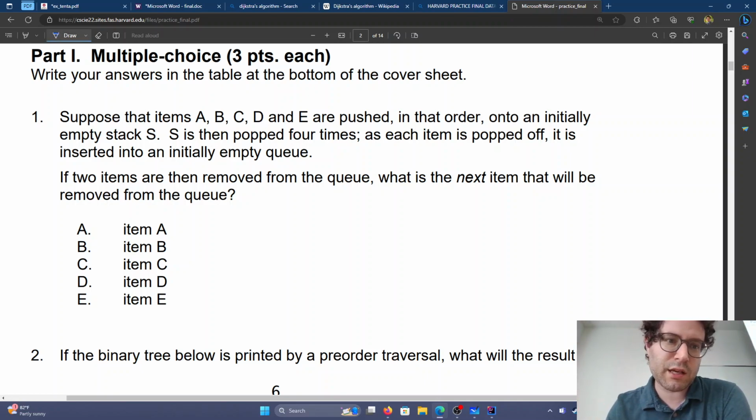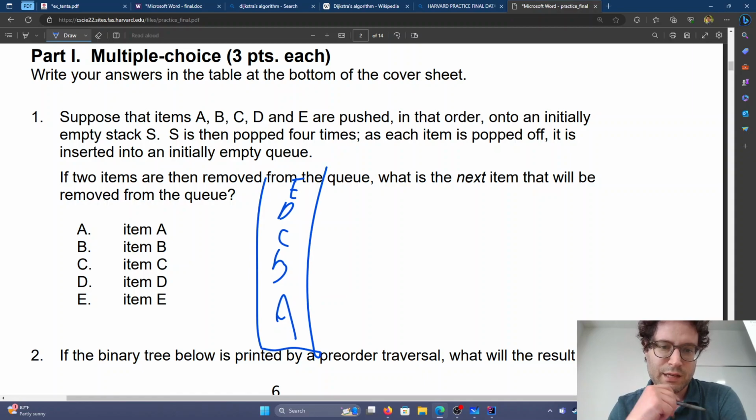Suppose that items A, B, C, D, E are pushed in that order onto an initially empty stack. S is then popped 4 times.